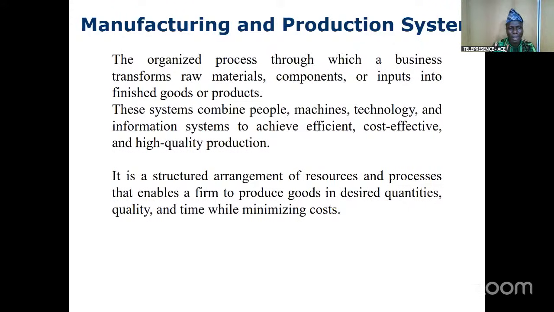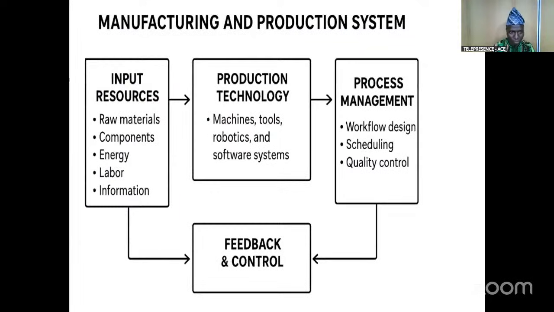The organized process through which a business transforms raw material, components, or input into finished good or product. Manufacturing: this system combines people, machine, technology, and information system for effective, cost-effective and high-quality production.